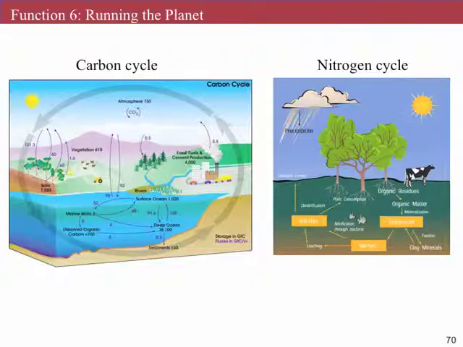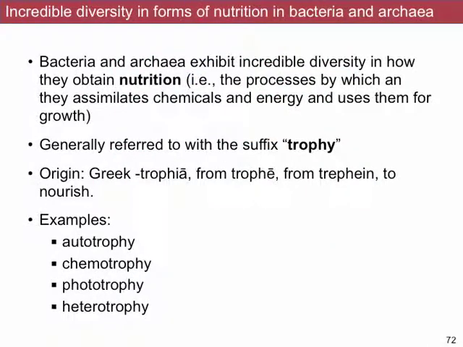So the simplest way to look at this is to take the diverse types of nutritional processes in different organisms and to categorize them in terms of three different components of these processes. So the first is the source of energy. Where do organisms get the energy that they use to carry out their processes?